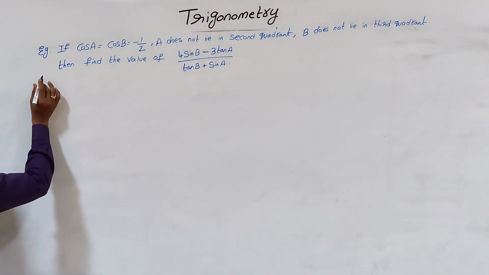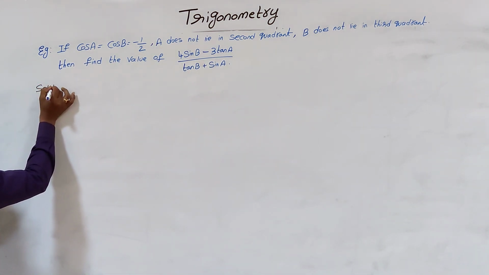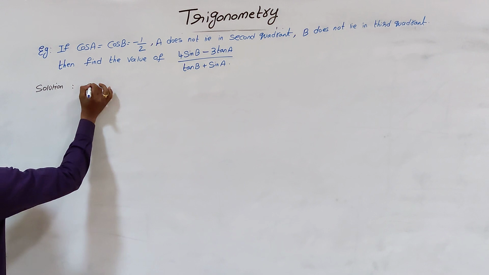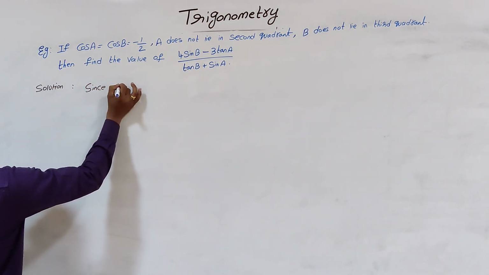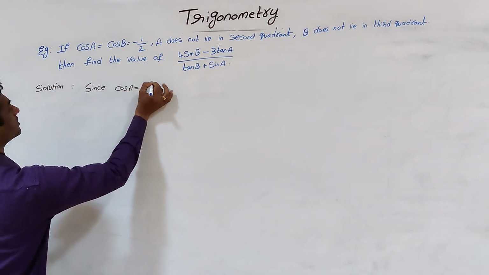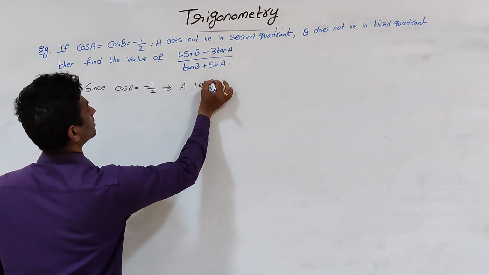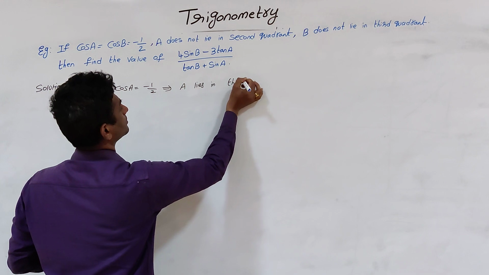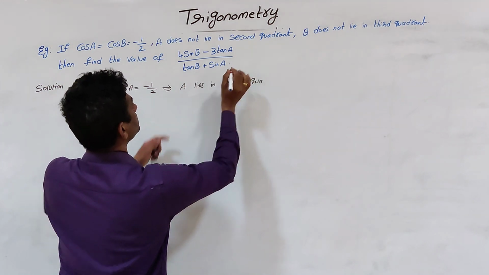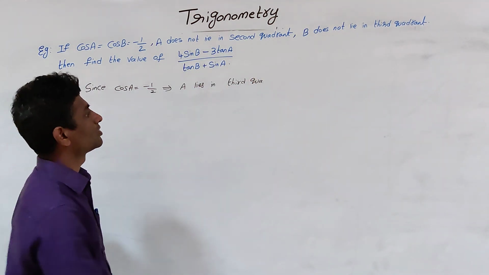So what we can observe is, since cos A is minus 1 by 2, A lies in the third quadrant, as he has mentioned that it does not lie in the second quadrant.